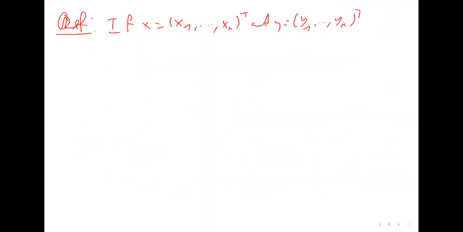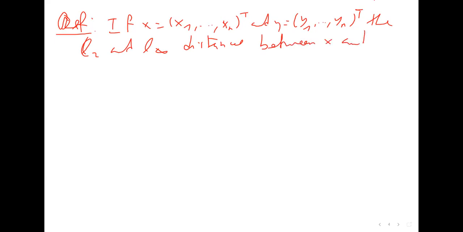So another definition: if you have x, which is a vector x1 to xn, and y, which is another vector y1 to yn, the L2 and L infinity distances between x and y are defined as follows.